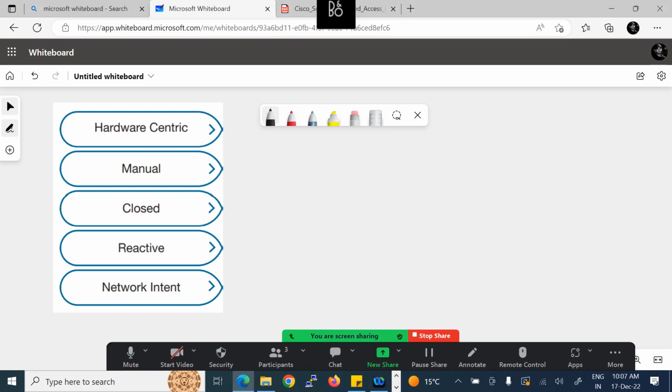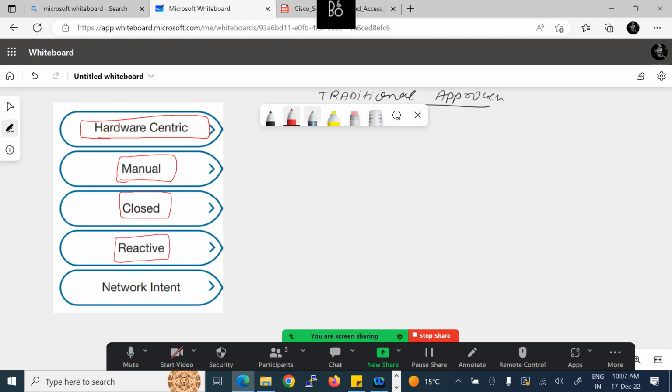In the traditional approach, or you can say in the distributed configuration model, the configuration is mainly hardware centric. Second, the whole configuration is manual and closed, because the configuration is independent.